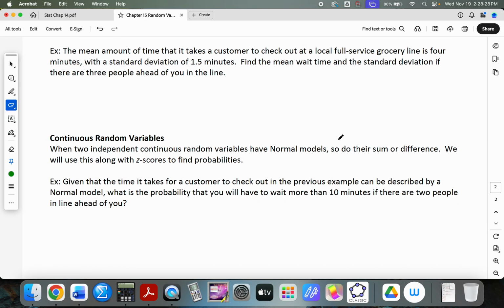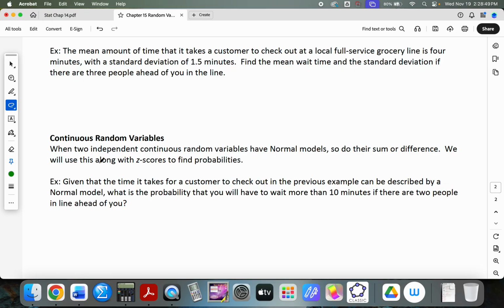The mean amount of time it takes a customer to check out from a local full-service grocery line is 4 minutes, with a standard deviation of 1.5 minutes. Find the mean wait time and the standard deviation if there are 3 people ahead of you in line.